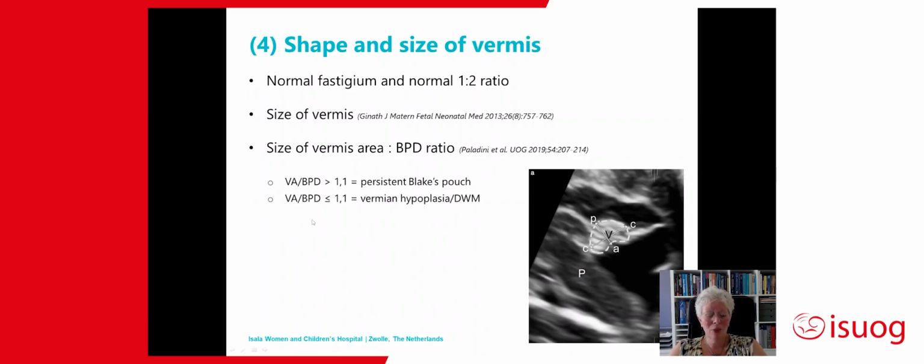And if this ratio is below 1.1, it's probably a vermian hypoplasia or Dandy Walker malformation, which sounds logical, because if we have a persistent Blake's pouch, then we know that the vermis is normal. It's only rotated upwards. And if we have a vermian hypoplasia or Dandy Walker, then we know that the vermis is too small.